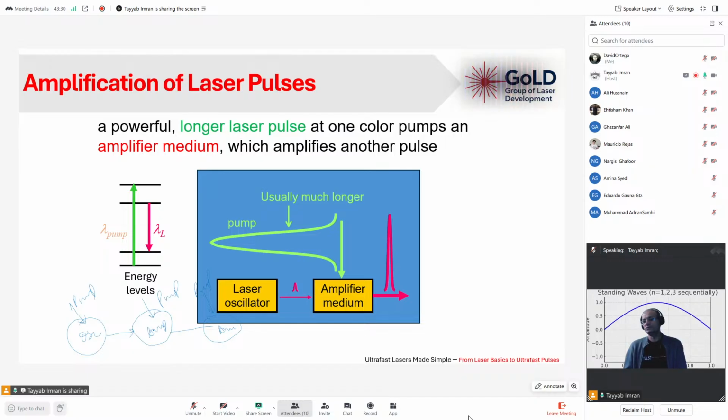Okay. So how many stages is a laser system having? You need the pump laser. And here you can see very clearly the energy level. That is your generation of the laser, and the green one is a pump.